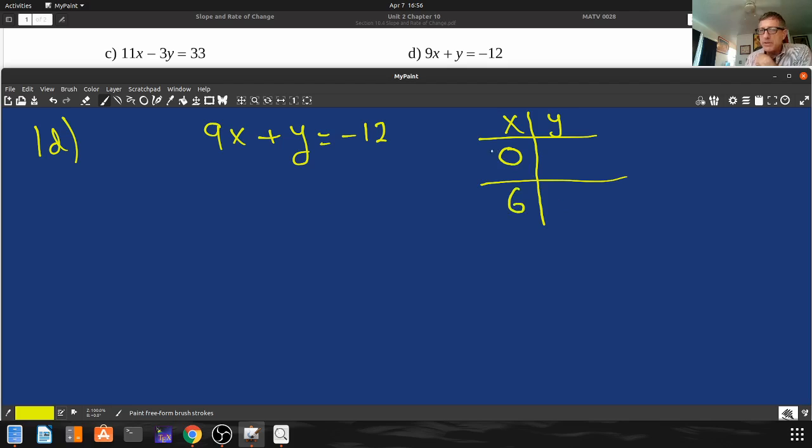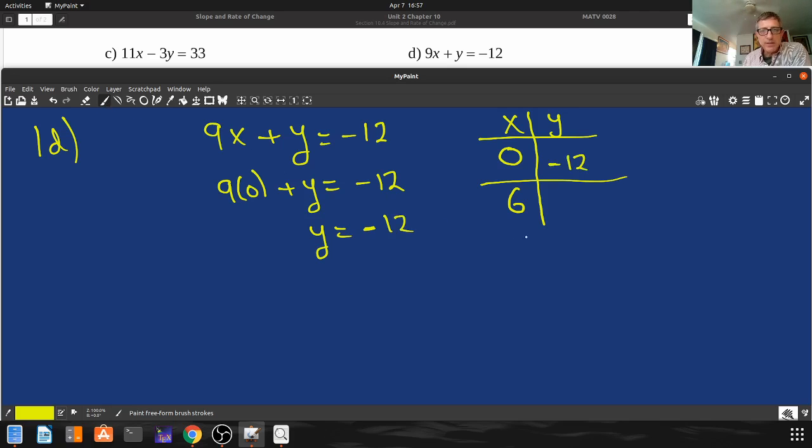You don't have to do it kitty corner. There's no reason, so I'm doing it a different way. So here, my first value of x is 0. That gives me 9 times 0 plus y is equal to minus 12. I'm going to change that value to 6, by the way. So that gives me y is equal to minus 12.